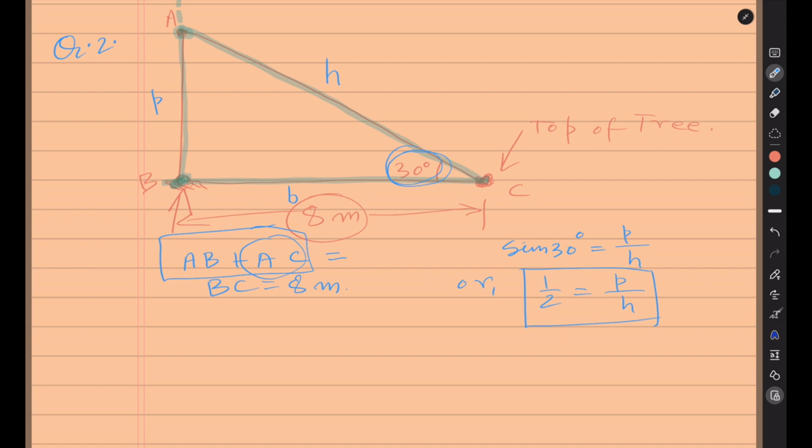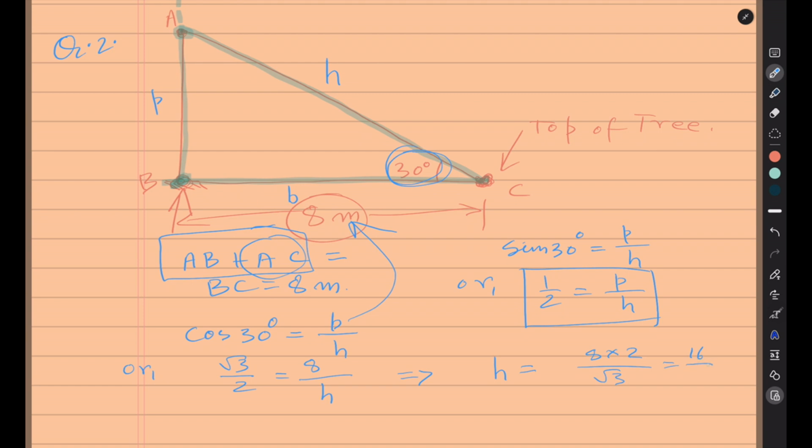Okay, let us apply one more thing. Cos 30° is B by H, and the value of cos 30 is root 3 by 2, which is equal to B, which is 8 meter, divided by H. So just by rearranging, we will get the value of H as 8 into 2 divided by root 3.